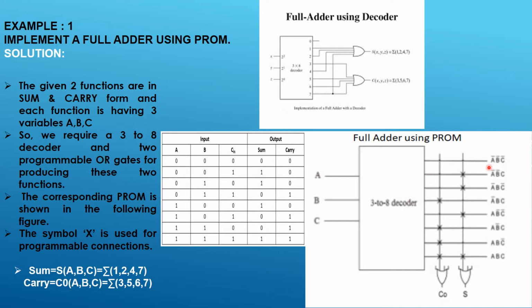And output is given to programmable OR with sum and carry, where the sum is going to have 1, 2, 4 and 7 in it, and the carry is going to be 3, 5, 6, 7 in it. So output is going to be sum of the minterms of these product terms. This is how you convert a full adder with the help of a decoder which has got a fixed AND array followed by programmable OR arrays.